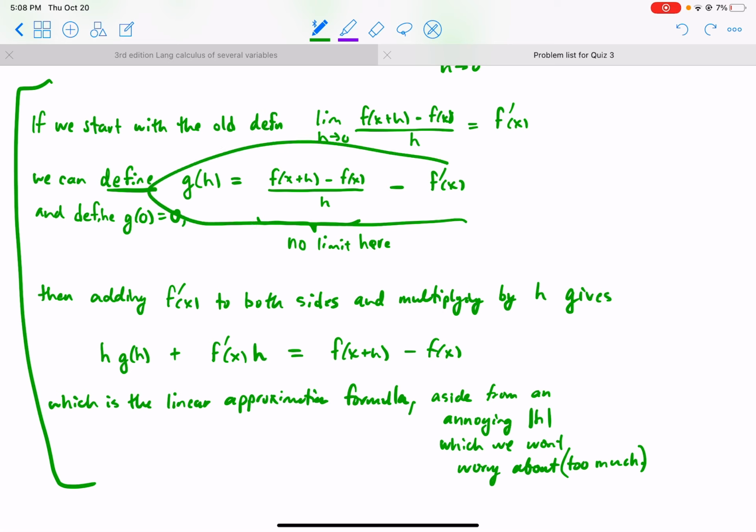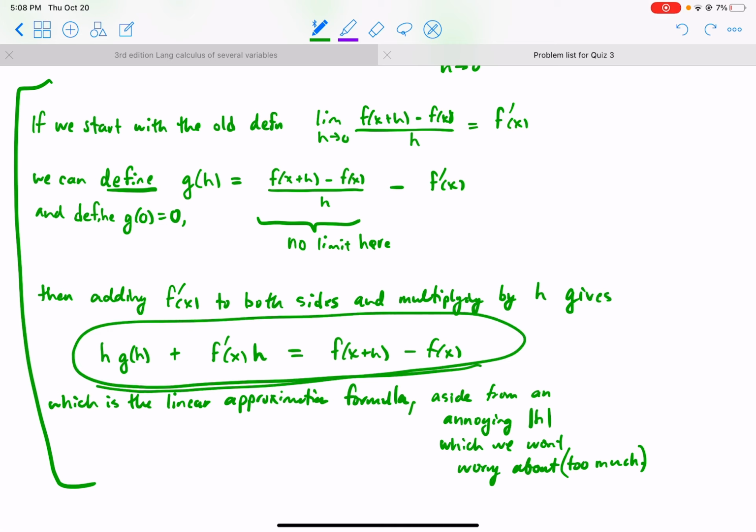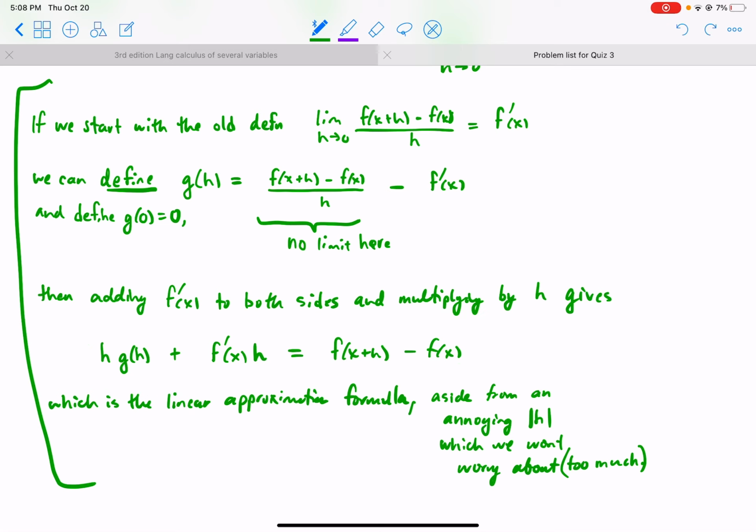Well, if we just take this formula, add f prime of x to both sides so that this moves over there, multiply by h, and we get exactly the new linear approximation formula. So you can do that algebra, it's not difficult. And that's perfect, aside from an annoying absolute value sign that is not there, which we won't worry about too much.